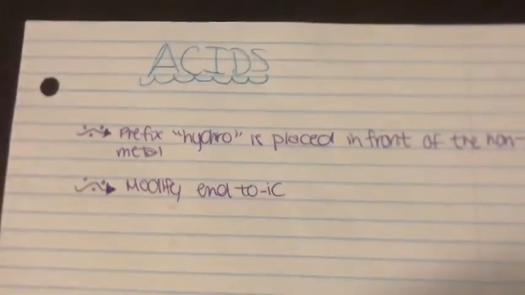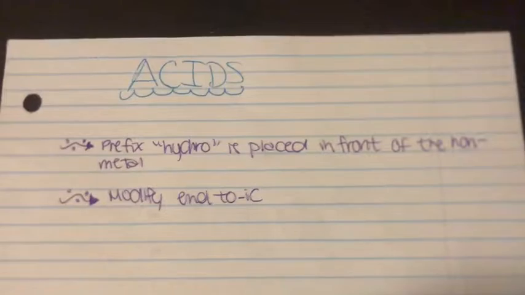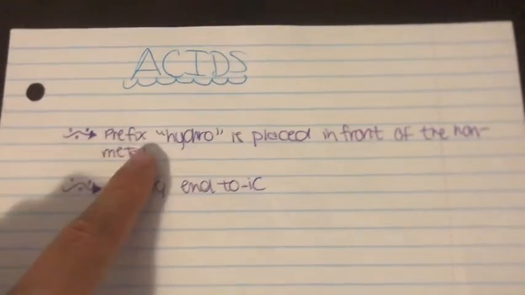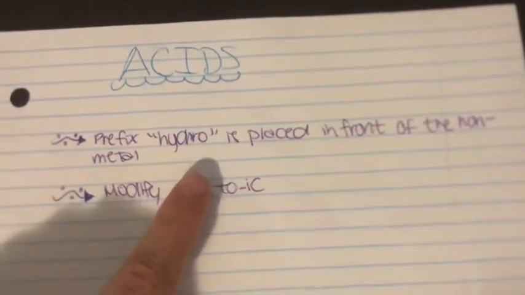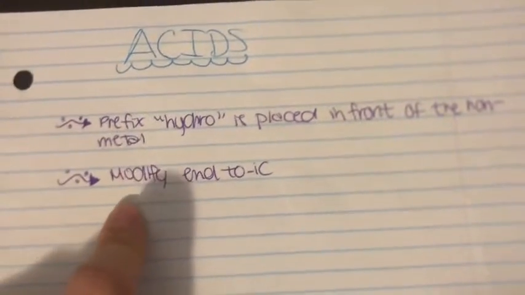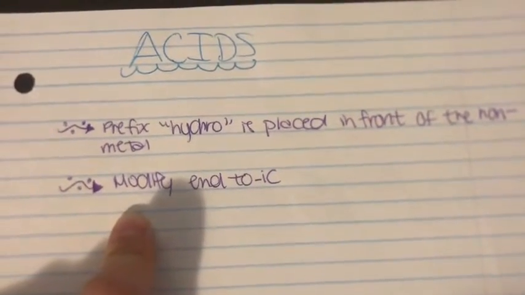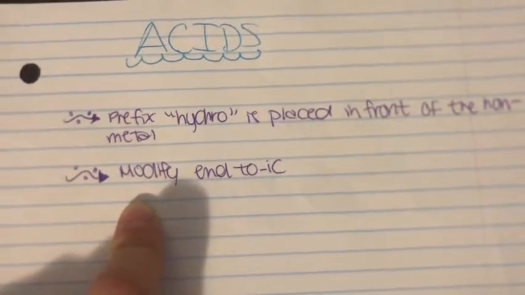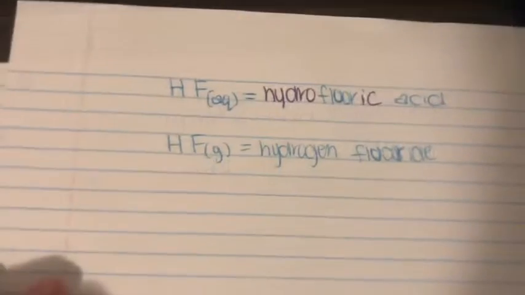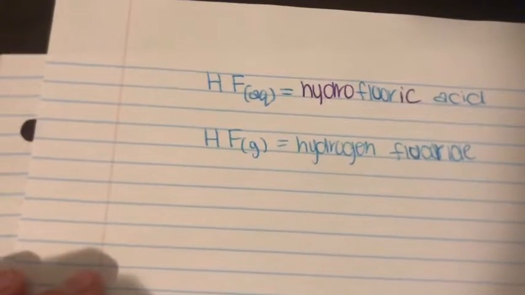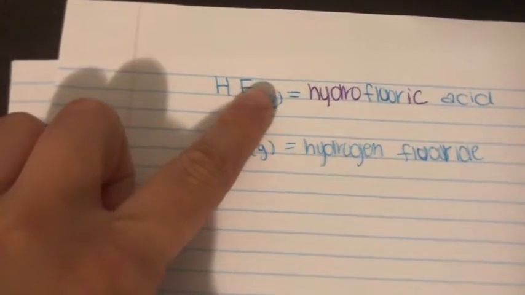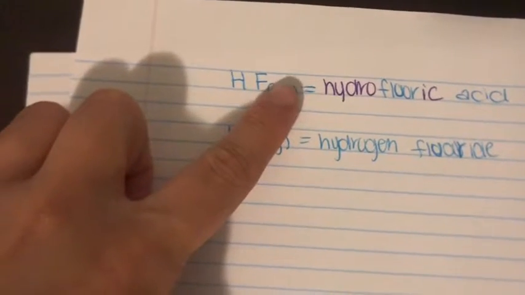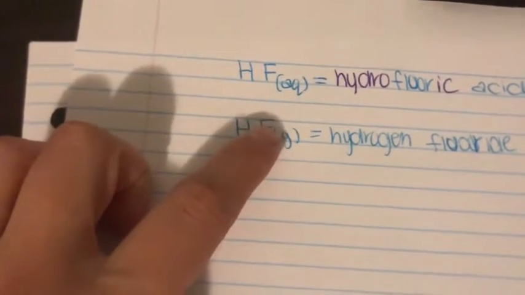Next, we'll be talking about acids. Two things you want to prioritize or understand is that the prefix hydro is placed in front of the non-metal, and the ending is modified to "ic" after. Acids have different names, but one way to identify acids is to see if there is an H before the molecular formula of a compound.